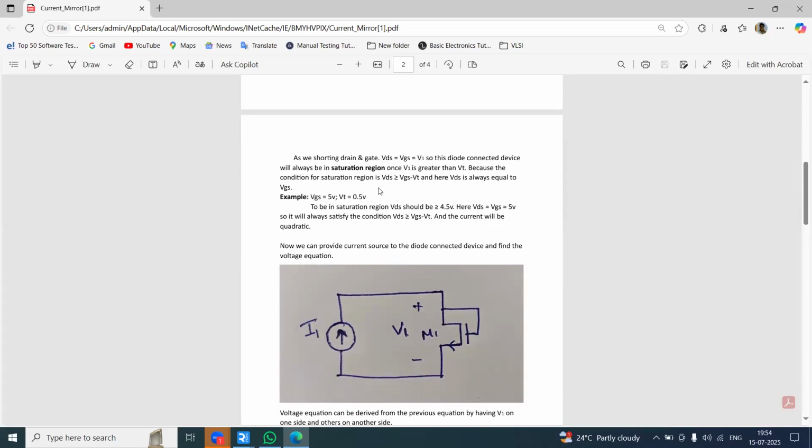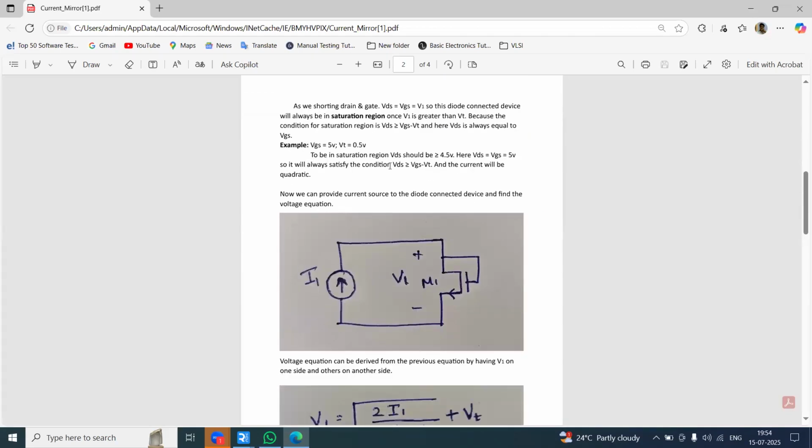To be in the saturation region, the condition is VDS greater than or equal to VGS minus VT. Here VDS is equal to VGS is equal to 5 volts. If there is a decrement and the power is getting lower, it will drag the current from the top, so it will always satisfy the condition VGS minus VT less than or equal to VDS.